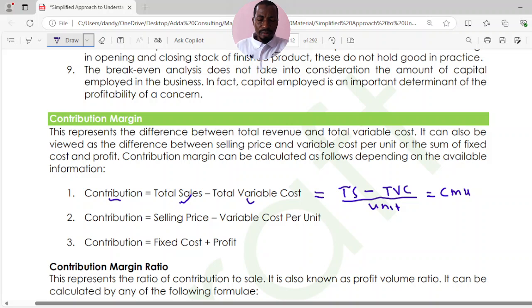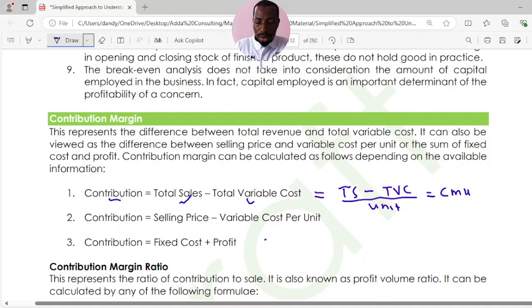Then the second one depends on the information. If I'm given selling price in the question, I will just say contribution per unit is equal to selling price minus variable cost per unit. So I will get the same thing. If I'm given fixed cost and profit in the question, and there is no sales value, then total contribution is fixed cost plus profit.